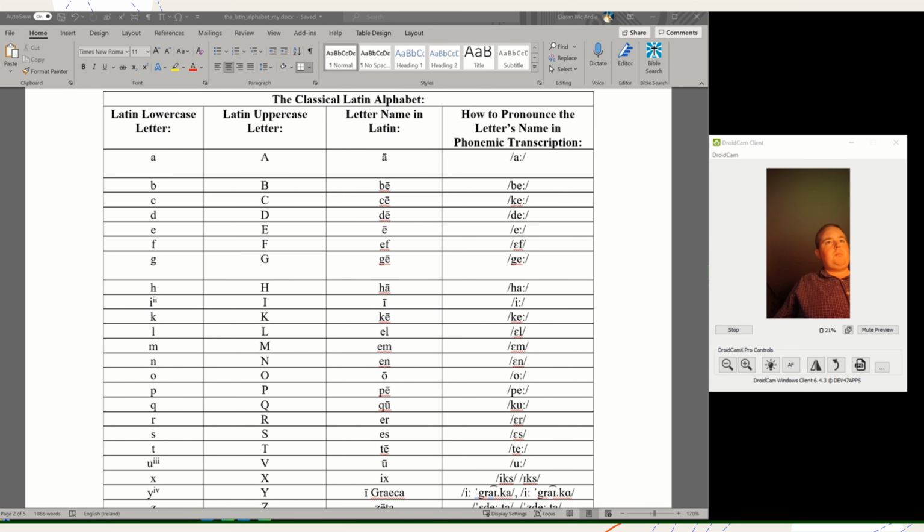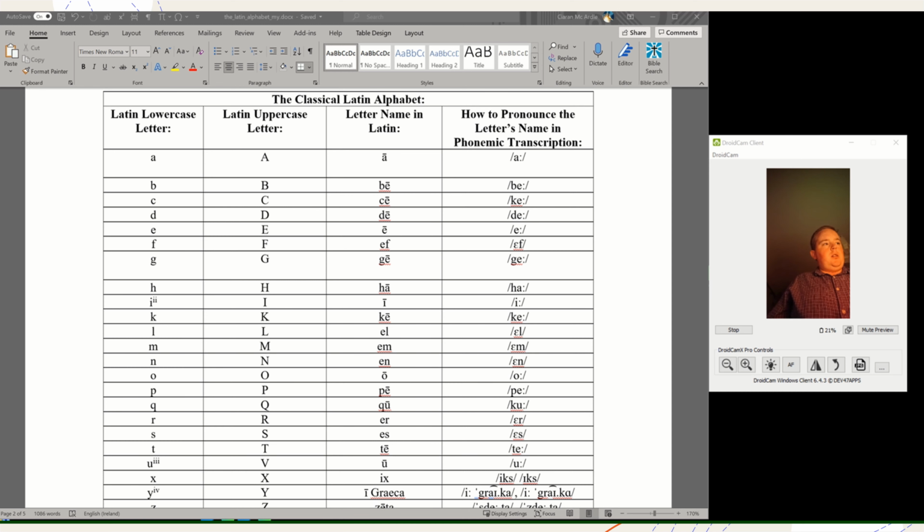It was probably borrowed from Greek, and I think the word calendarium or calendar is one of the few Latin words that actually uses K, so this isn't used very much.